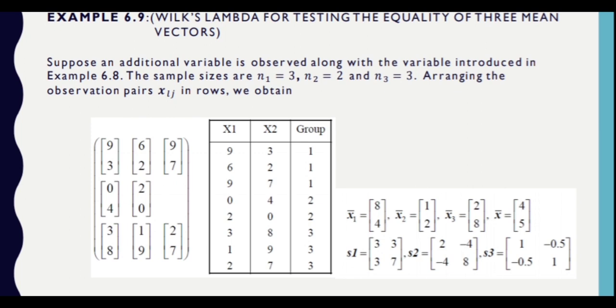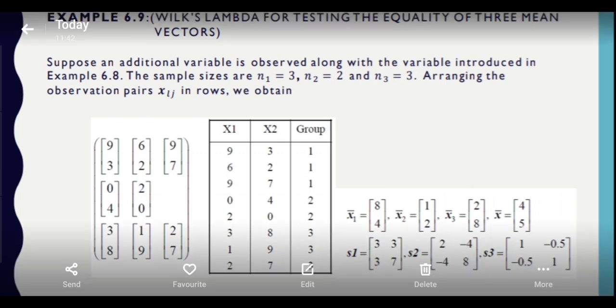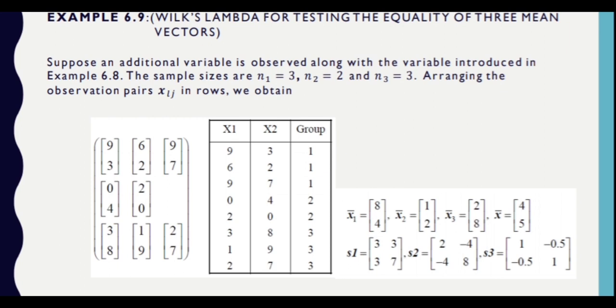Faham tak? 7 adalah the variance for the second variable in first population. Okay, 3 here adalah the covariance. Okay, so you just gunakan value x1 dan x2 in first population saja untuk cari variance for x1 dan variance for x2.